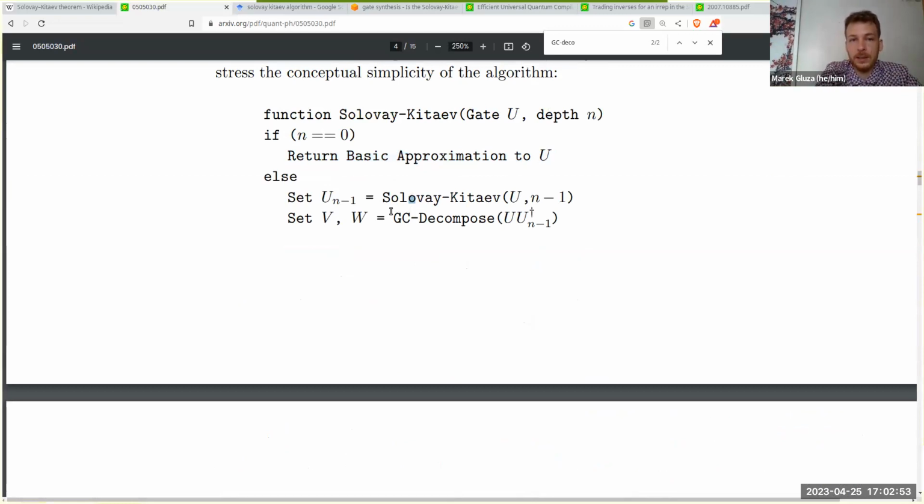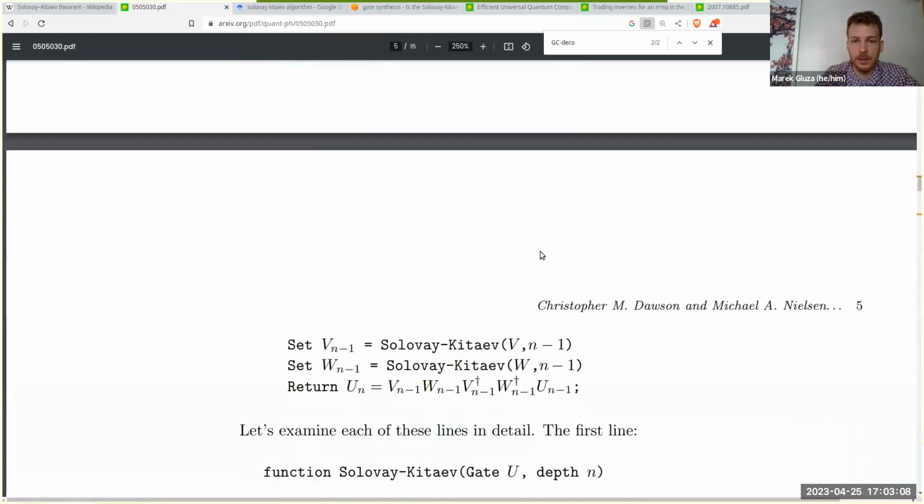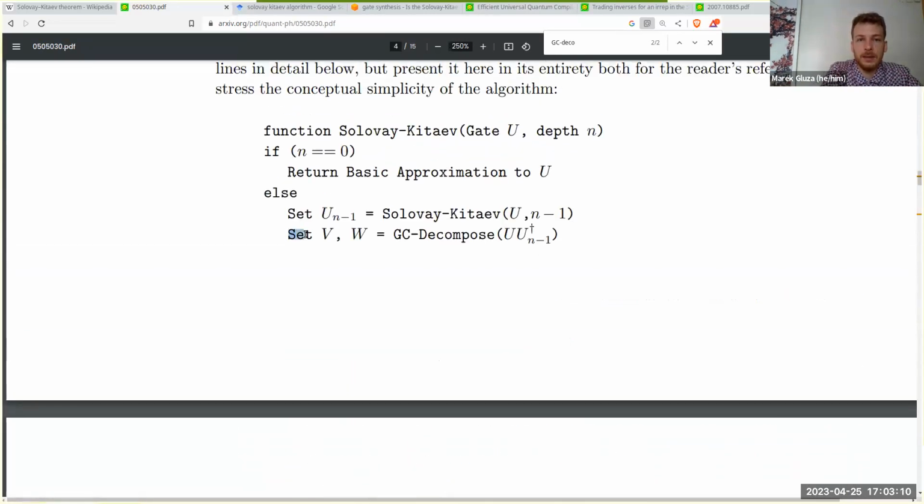It will ask us to compile some few-step approximation to U, and then use a decomposition from linear algebra. Later I will scroll down to say that this exists. This is a procedure similar to matrix diagonalization, and to run diagonalization, you multiply matrices.